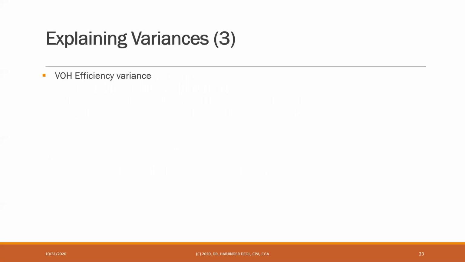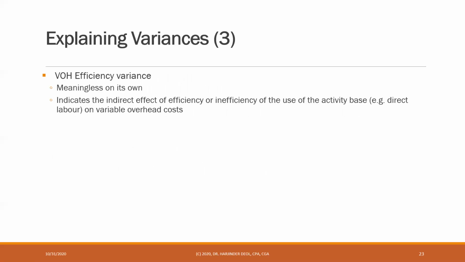I've already talked about the variable overhead efficiency variance. It's meaningless on its own, all right? And all it indicates is the indirect effect of the efficiency or inefficiency of the use of the activity base. So could be direct labor, could be machine hours, the effect of that activity base on the overall variable overhead costs.